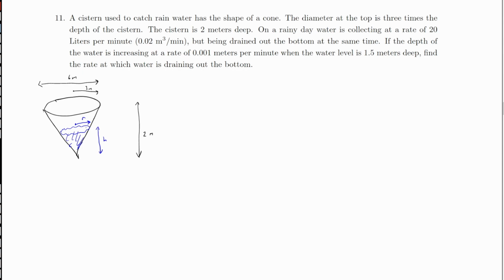Okay, so there's 2 ways to do this. We can use this relationship that they gave us. The diameter is 3 times the depth, so the diameter is 3h, or twice the radius is 3h. So the radius is 3/2 h.